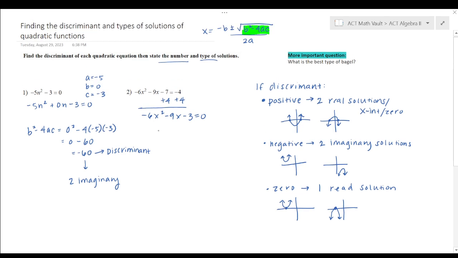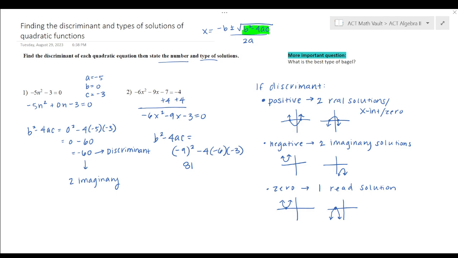All right, so then b squared minus 4ac is going to equal, and this is where I have to be really careful with negatives. So I'm going to put -9, my b, in parentheses, because otherwise I will get this wrong. So I'm going to get 81. That's a positive 81. This is where people typically, if they get it wrong, they'll get a -81 because they don't have the 9 in parentheses.